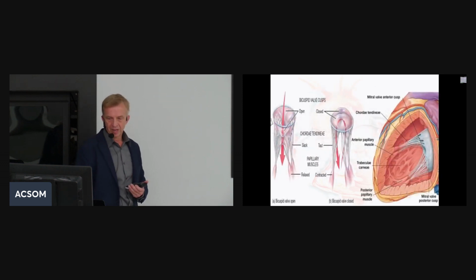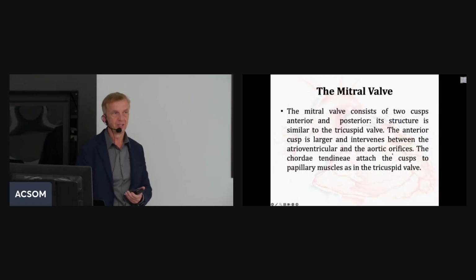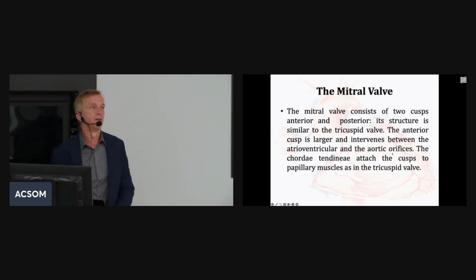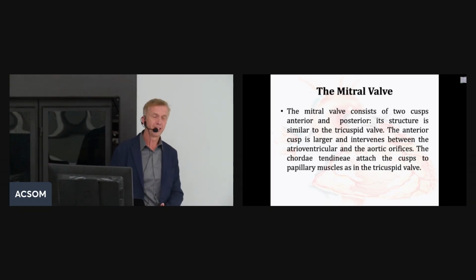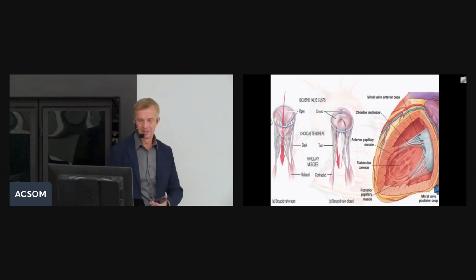So this is the mitral valve again, from the side, the cusps connected to the papillary muscles. How many papillary muscles do we have in the left ventricle connected to the mitral valve? How are they called? Anteromedial and posterolateral papillary muscle, right?